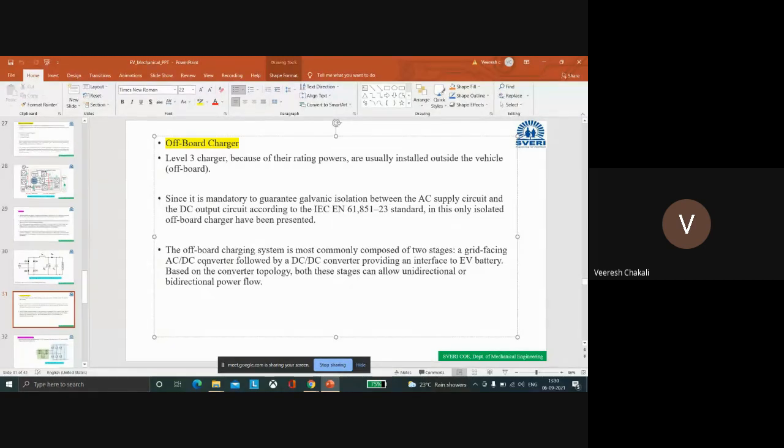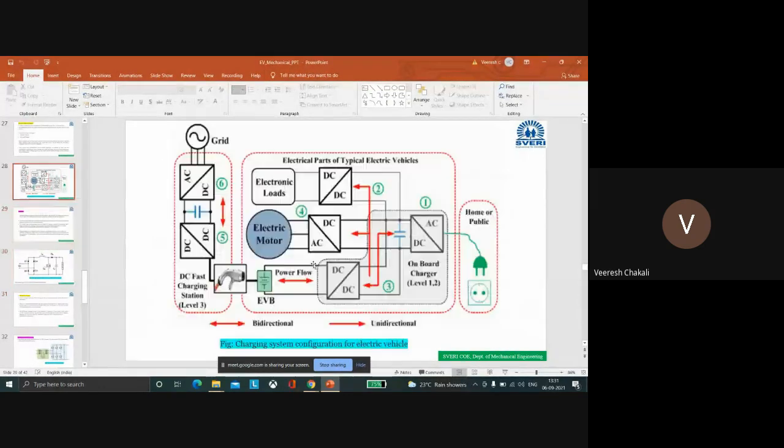Clear? The onboard charging system is most commonly composed of two stages: a grid-facing AC to DC converter and a DC to DC converter. So generally, onboard charging is also two-stage energy conversion: AC to DC energy conversion at the grid side, and next, DC to DC energy conversion at the battery terminal side.